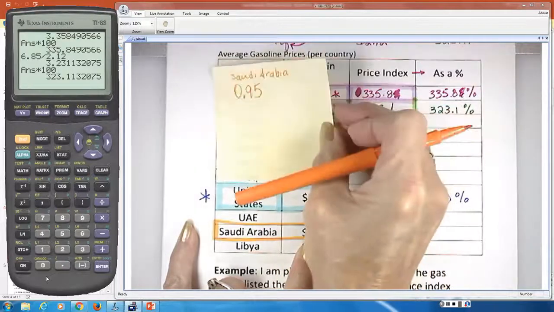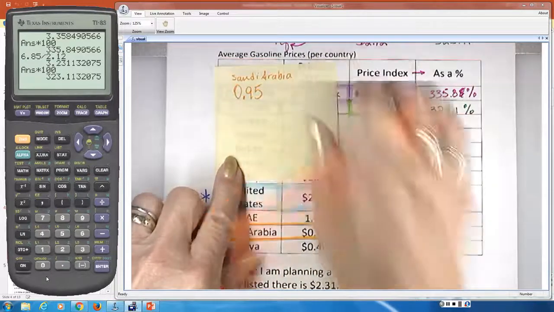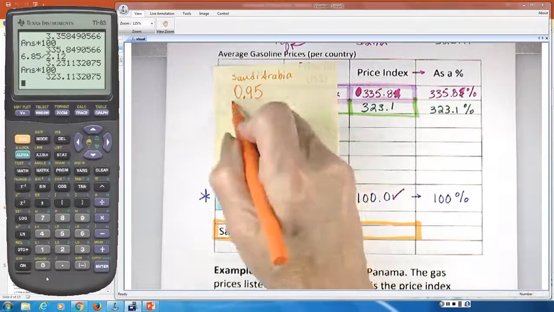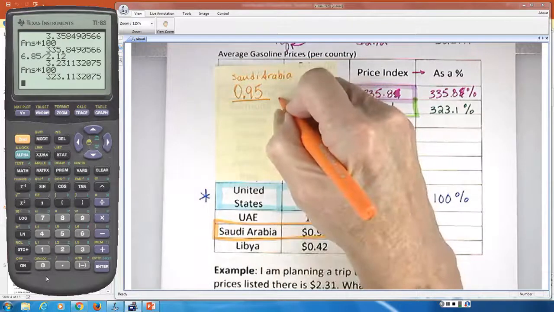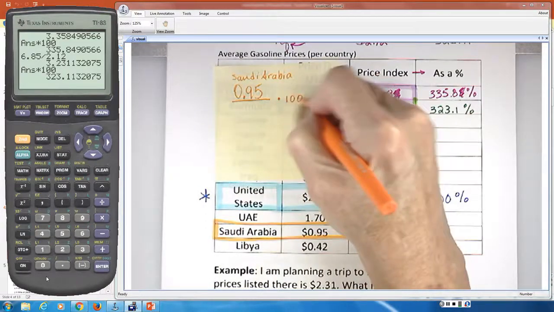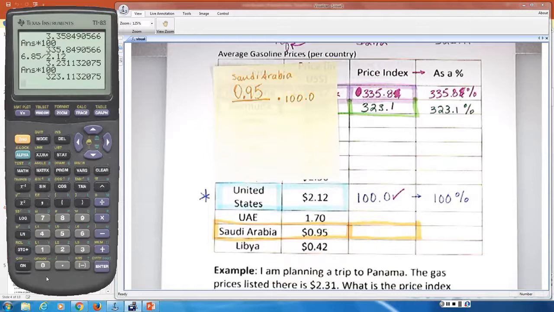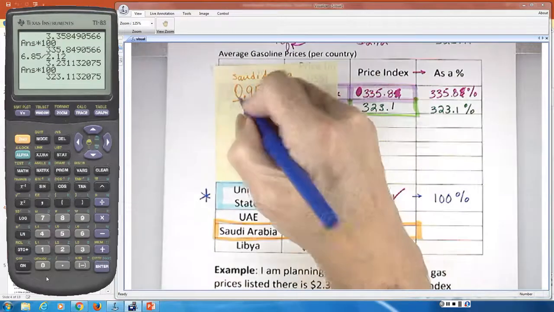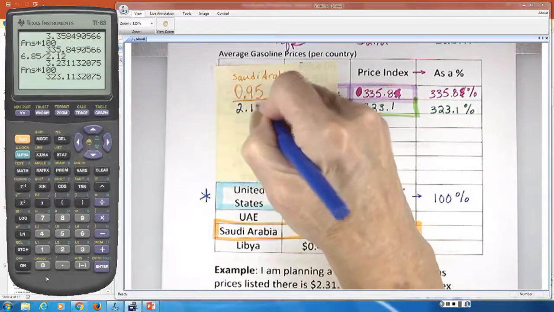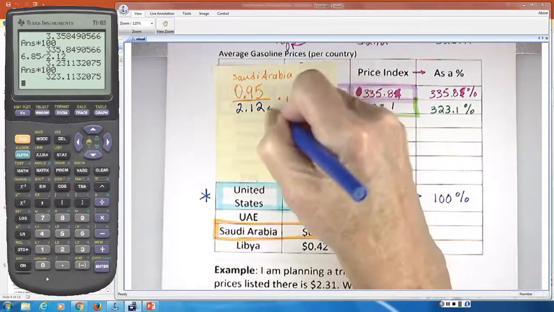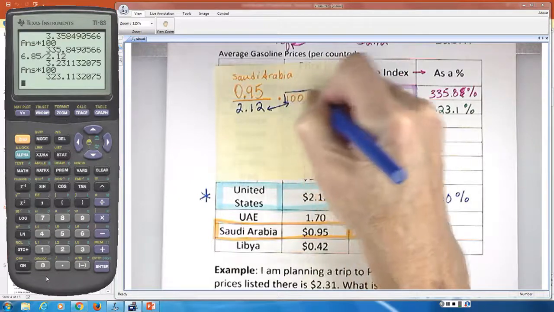Move it up so we can see the United States. And it's going to be times 100, because the index is always times 100, and our price is 212. And our price is tied to our index.